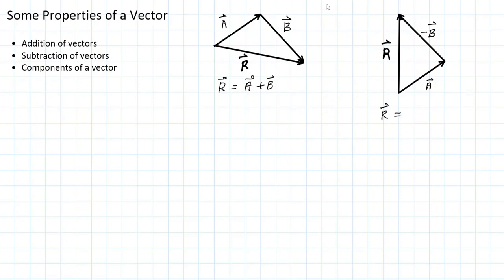R is equal to vector A minus vector B. The other method of adding or subtracting vectors is by using the component method.